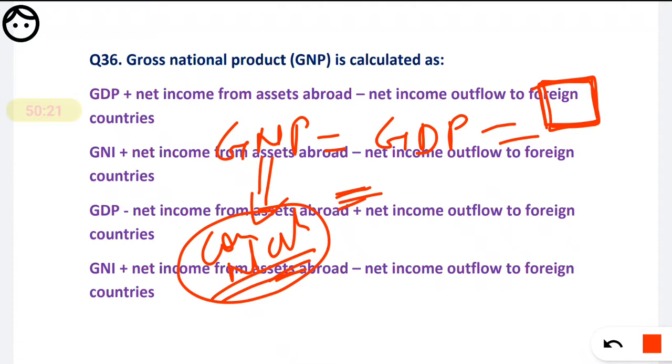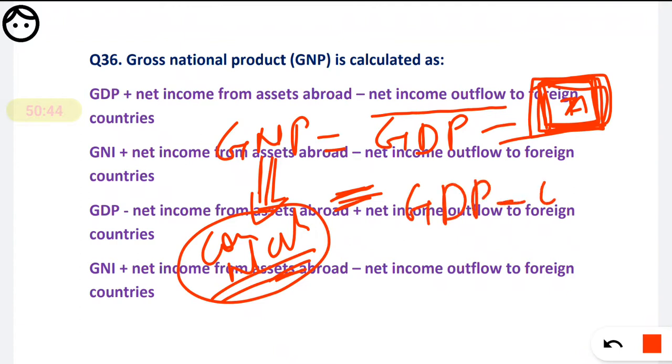So the net income outflow to the foreign country: suppose one American in India is producing something, but we are taking only the nationals into count, that's why his income should be subtracted. So it is GDP minus outflow, okay. So the first option will be the correct option.